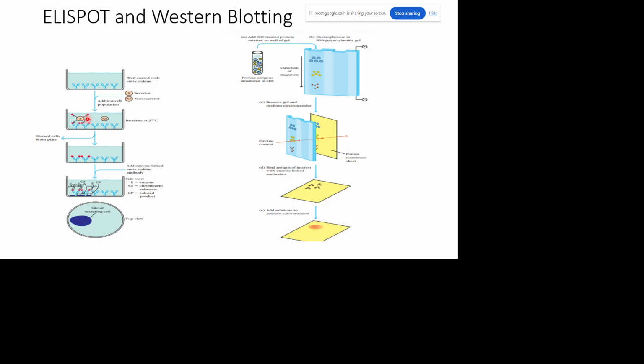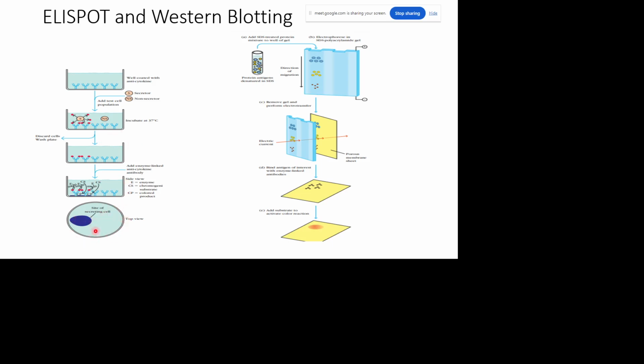The location of only those cells will give you this spot, but at the location of the non-secreting cells, as they have not secreted anything, there was no cytokine bound to the antibody, right? So that's why you will not see any blue color here.